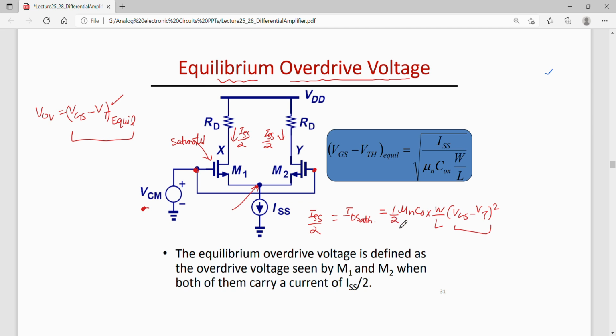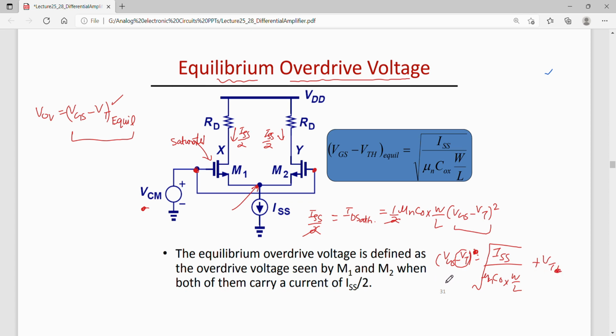Okay. So this 2 goes off from here. So VGS minus VT whole square is ISS by mu n C ox W by L. Or if I remove this square, then I'll have to take the square root of this, and if I bring this Vt also on the right hand side, so this Vth or Vt comes over here.